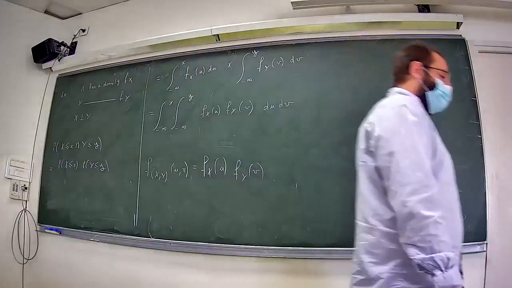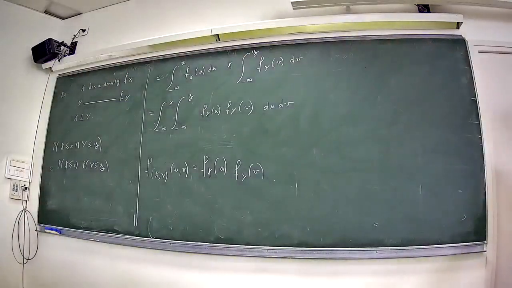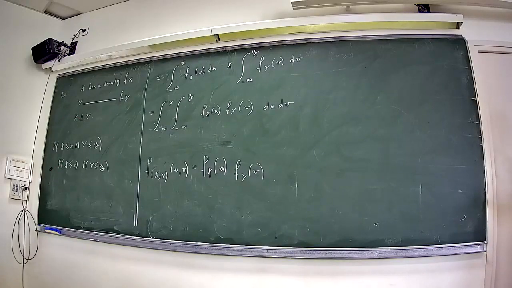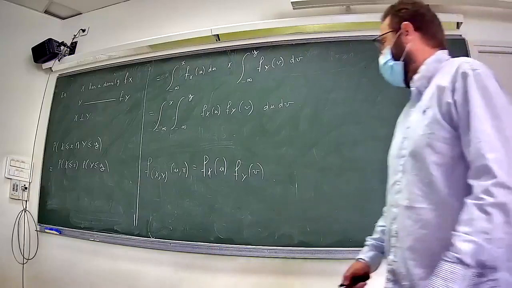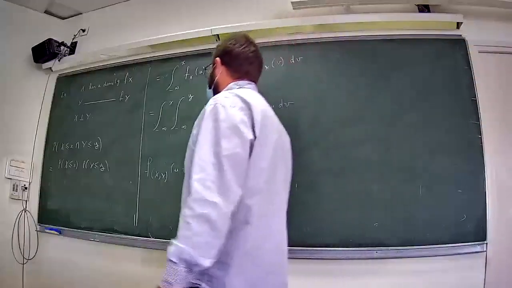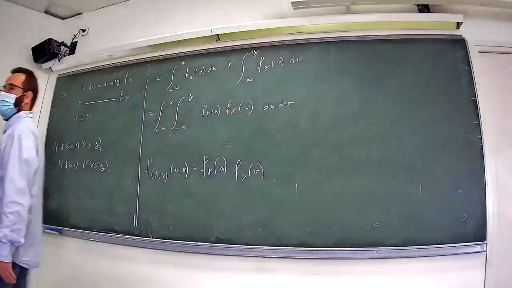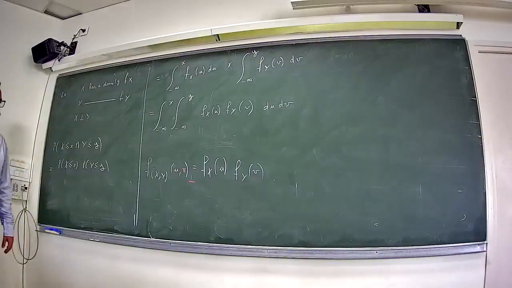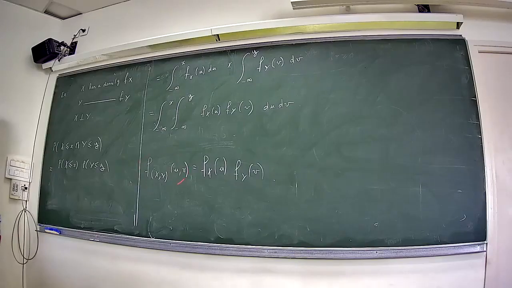But typically, we are here in a very, very particular situation, the case where they are independent. And most of the time, they won't be independent. That's why, in general, the joint density function won't take this form. In general, it won't be possible to separate the joint density function in a part only depending on u and a part only depending on v.